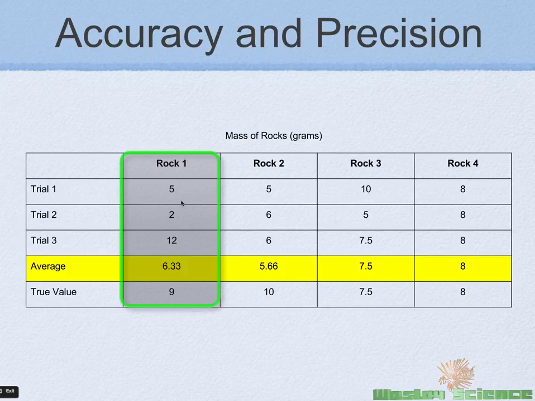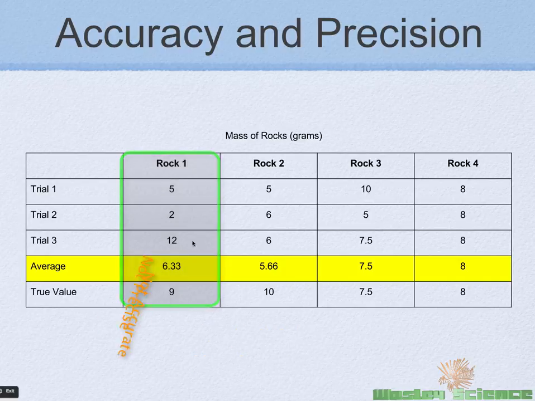So these 3 numbers right here are not the same numbers. So that shows that they were not precise. So now if we look at the average was 6.33 and their true value was 9. So that shows that they are also not accurate. So rock 1 is not accurate and not precise.